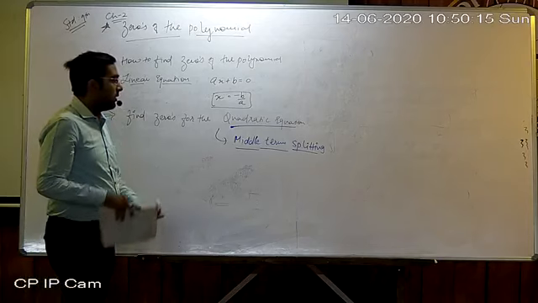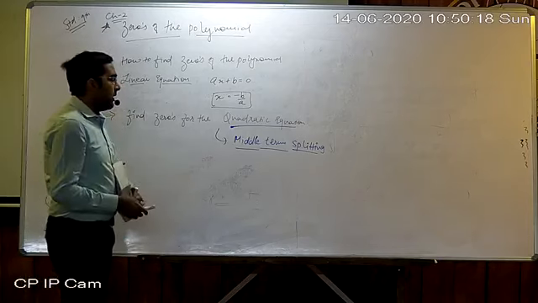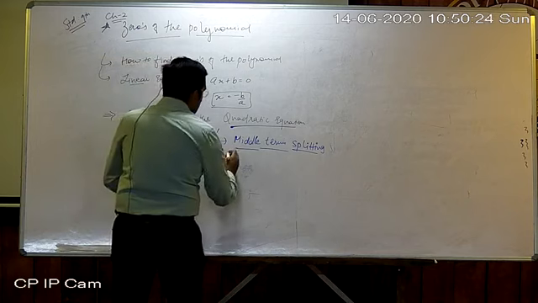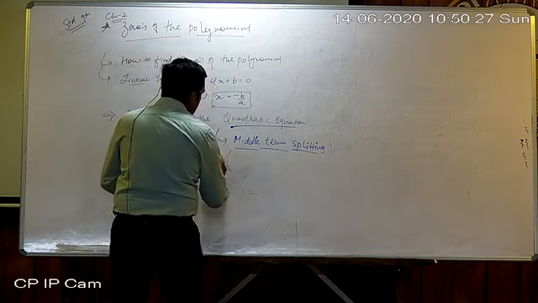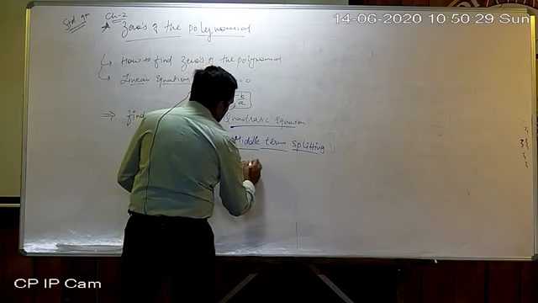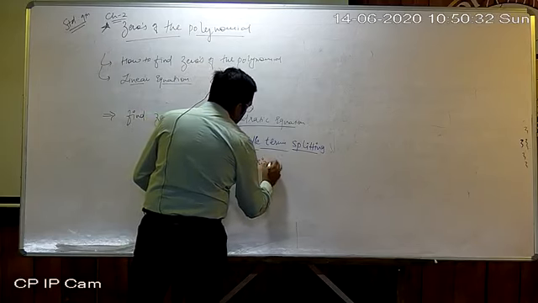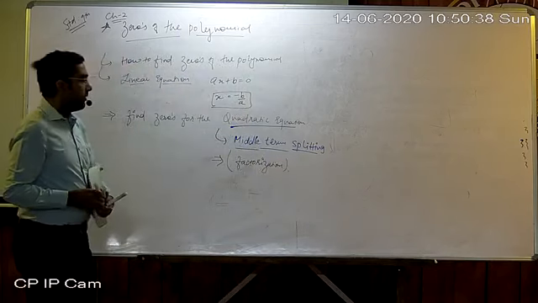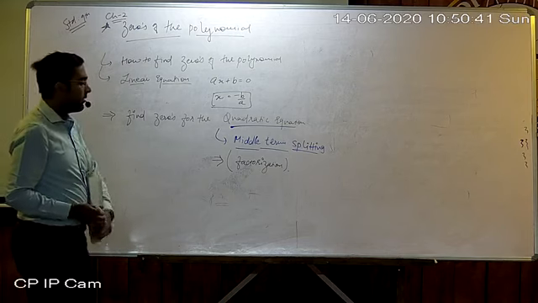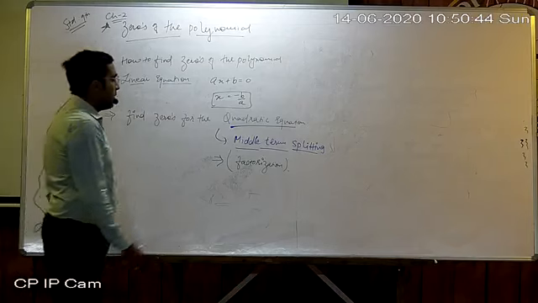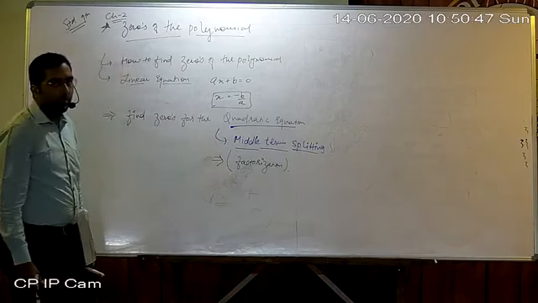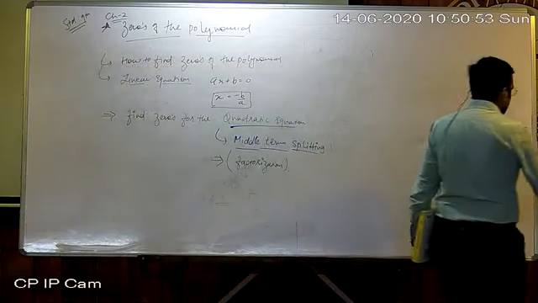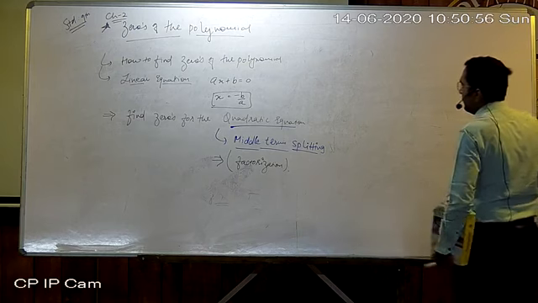Or, if you want, you can call it the factorization method. If you say middle term splitting method, that's correct, or if you say factorization method, then that's also correct.